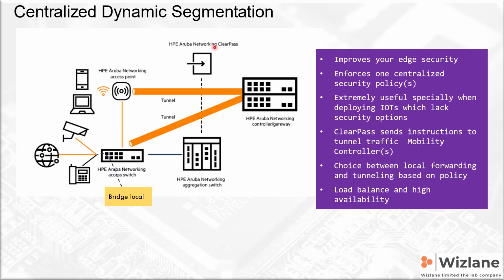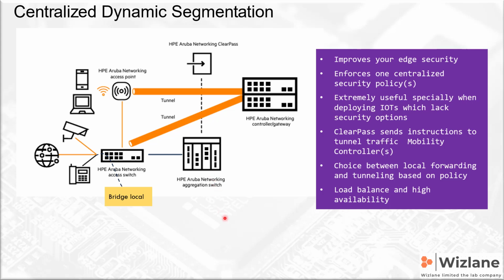So while tunneling, you are able to improve security and have centralized policy. Basically, you are pushing the firewall policy from a centralized location, which is a gateway or a mobility controller. This is useful, especially in the case of IoT devices.